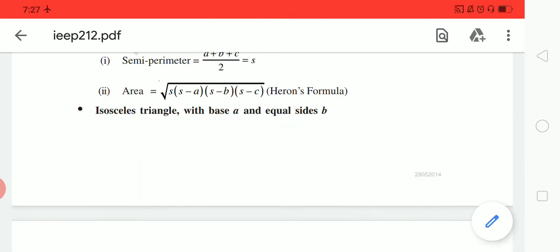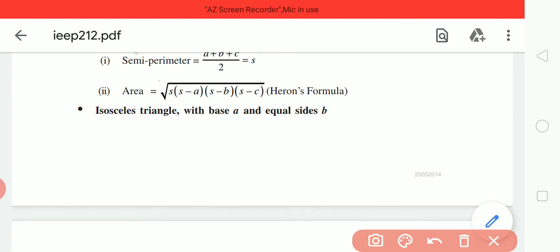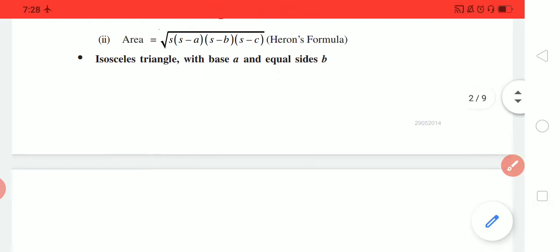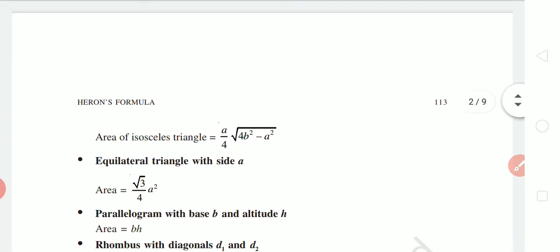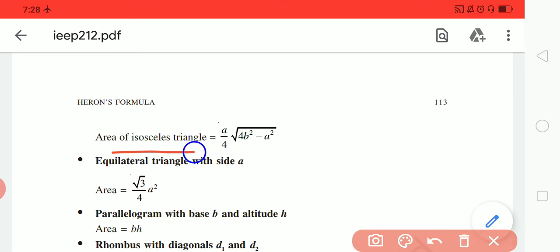And if you don't want to do this by this method, you can use Heron formula, right? So for this in your class we will use Heron formula. And the area of an isosceles triangle can also be found like this. This is the same 1 by 2 into height into base. This is a reformed form of 1 by 2 into height into base, because this is the perpendicular.